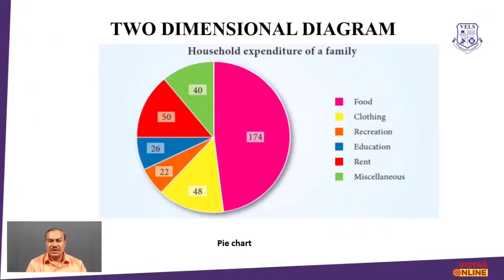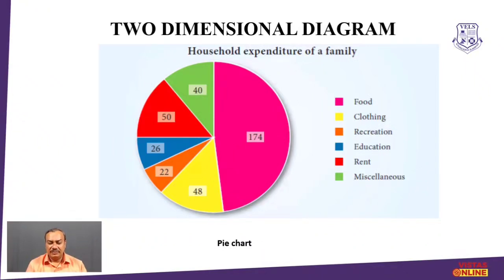So in the pie chart, we can represent the values in percentage or in angle. So without comparing any numerical value, we can easily identify for what item we spent a lot of money.